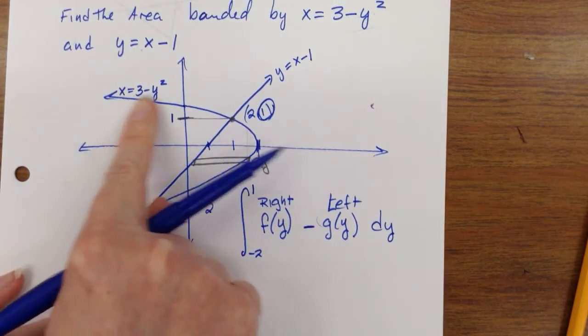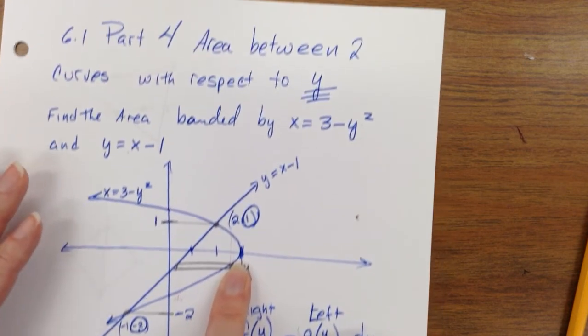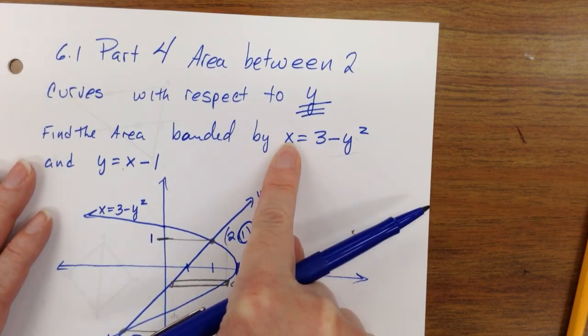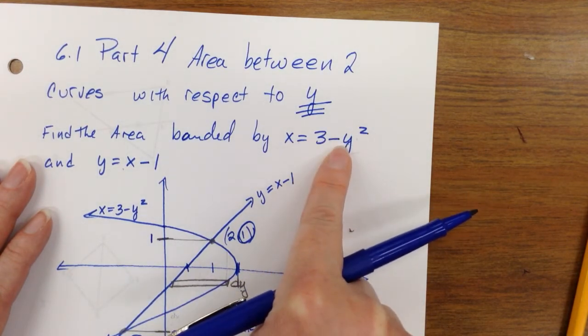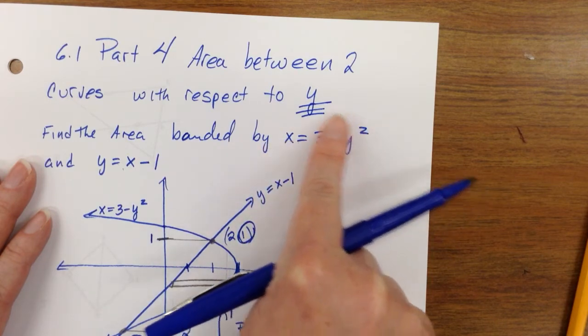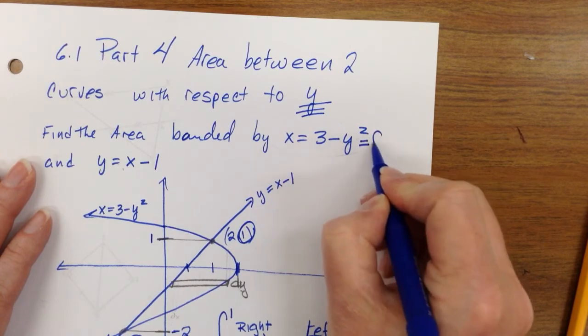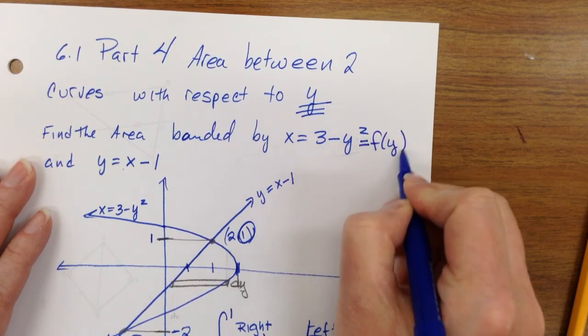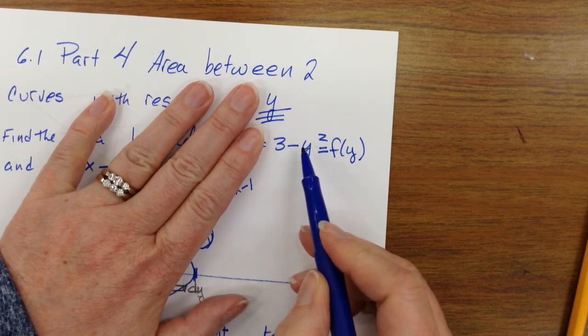Well, our right curve is the parabola, and it is already defined as a function of the variable y. It is not y equals x, it is x equals y stuff. So I'm going to name this f of y. It's a function in the variable of y.